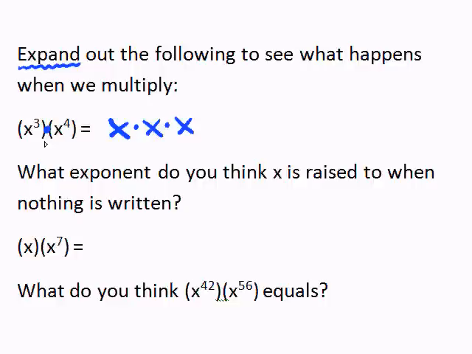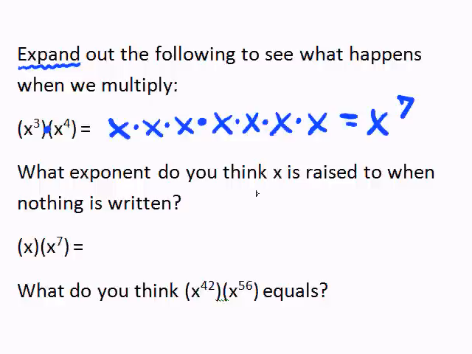So x to the 3rd times x to the 4th. Well, x to the 4th is x times x times x times x. Notice you've got 1, 2, 3, 4, 5, 6, 7. So x to the 3rd times x to the 4th can be rewritten as x to the 7th.